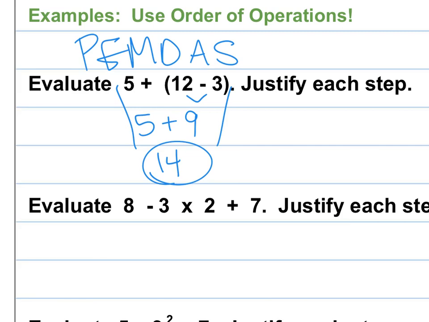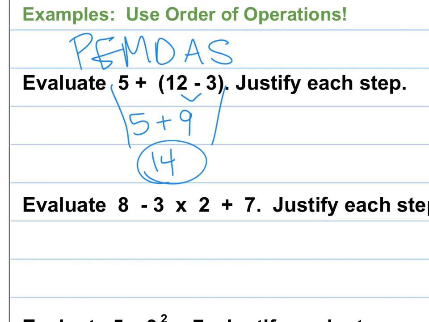Next one, 8 minus 3 times 2 plus 7. Again, using PEMDAS, and just to justify each step, I'm going to talk about why I did that one first. So I just go through my PEMDAS. I don't have any parentheses. I don't have any exponents. So now I have multiplication and division right here. Well, 3 times 2 is 6. Now I carry down the rest of the problem that hasn't been used. Okay.